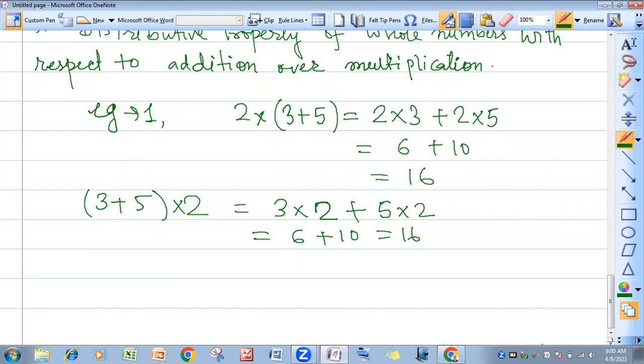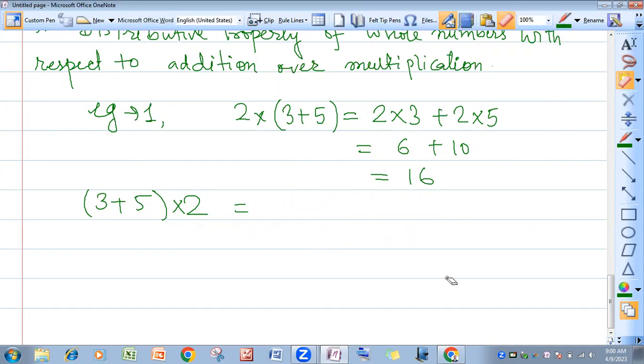So here, if it is given like this, we will first use the commutative law. How will that be? 2 into (3 plus 5). Then we will apply the distributive law again.